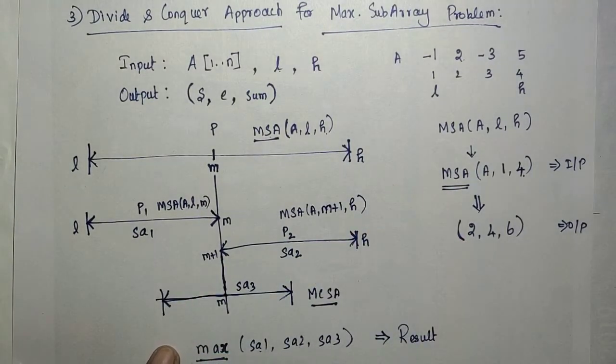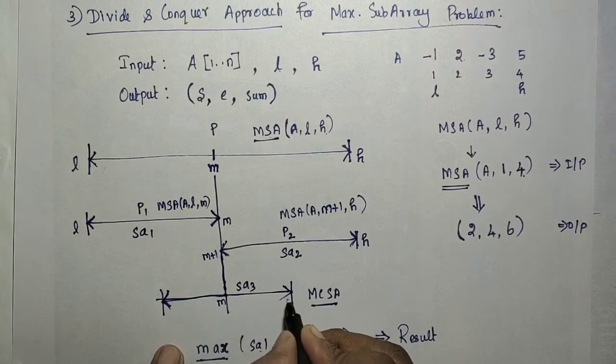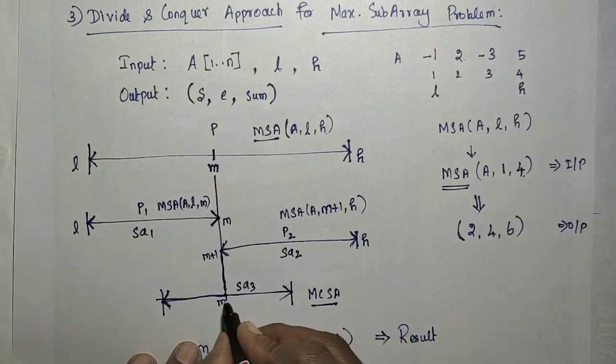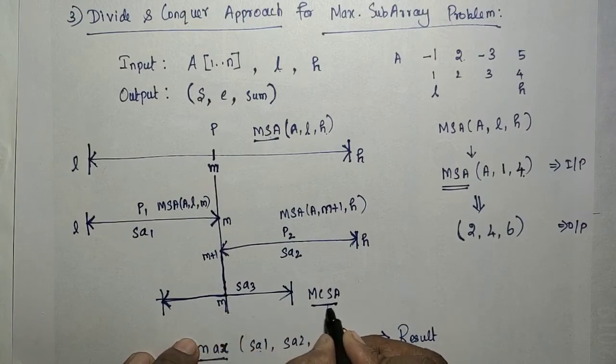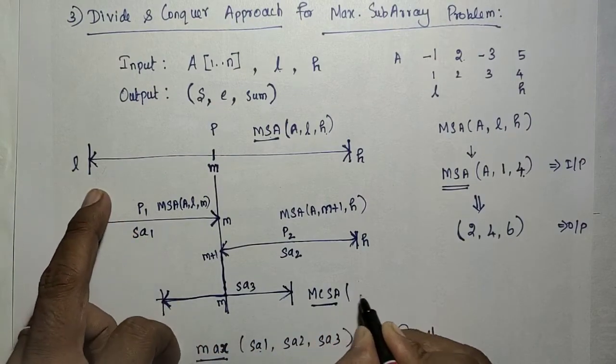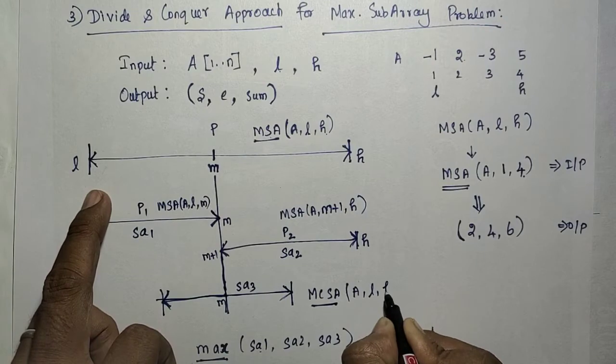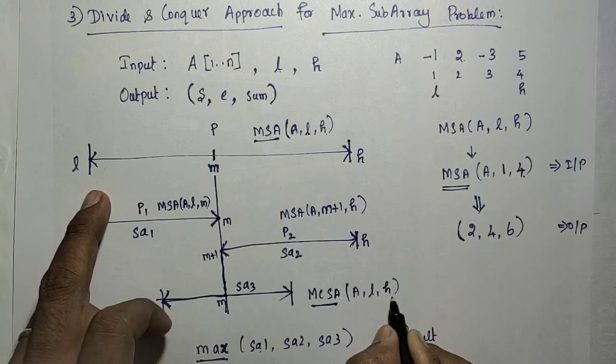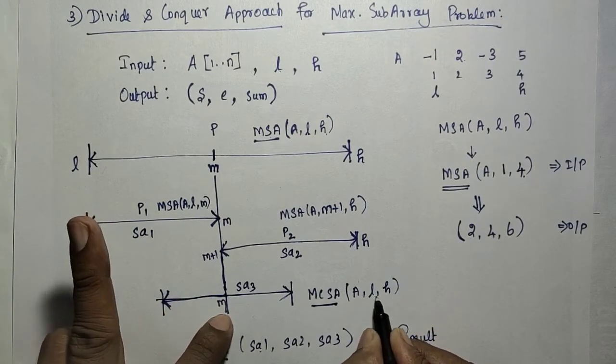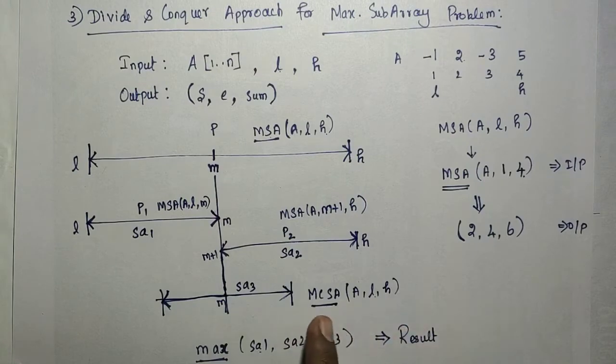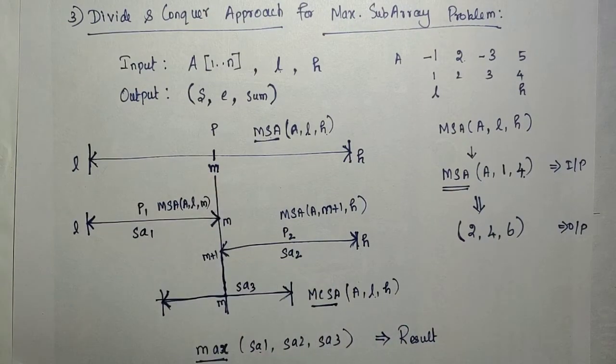And then for finding the mid-crossing subarray, we cannot apply this. The mid-crossing subarray means the subarray obtained for A comma L comma H, in the range L to H, which must contain the middle element. It means the subarray may not be on the left side or right side.